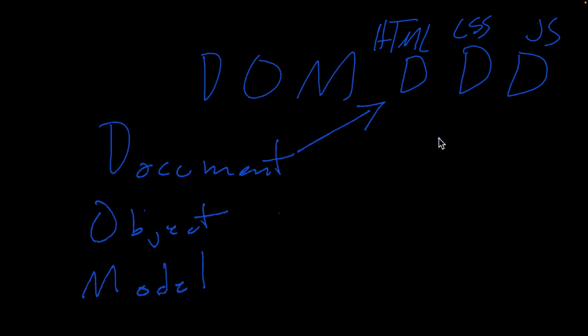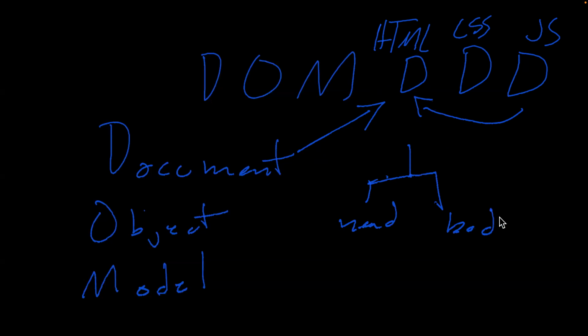And it can change throughout time depending on what the user does. So for example, let's say the user is on our web page for more than 30 seconds, and a pop-up shows up saying, hey, we noticed you're on our page. Would you like to subscribe to our newsletter, or accept our cookies or something like that. So that object model changes throughout time because JavaScript is changing it, but mainly this document is the HTML document that gives us the structure of the page, the body, the head.